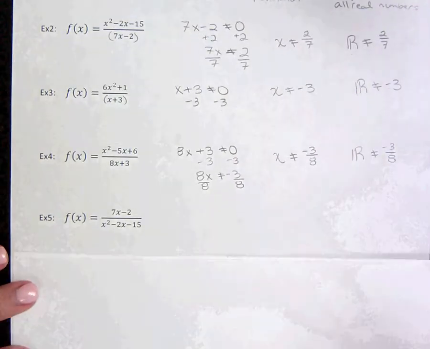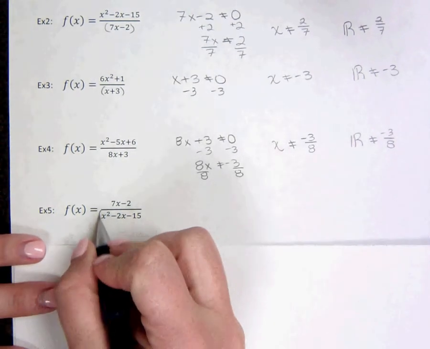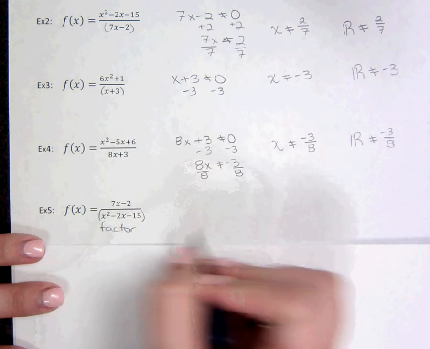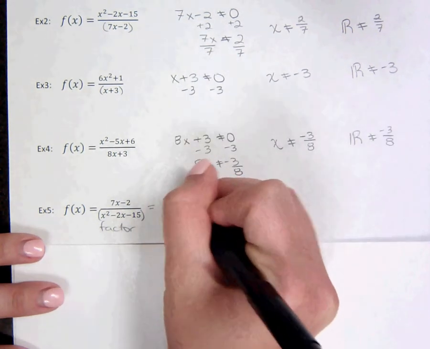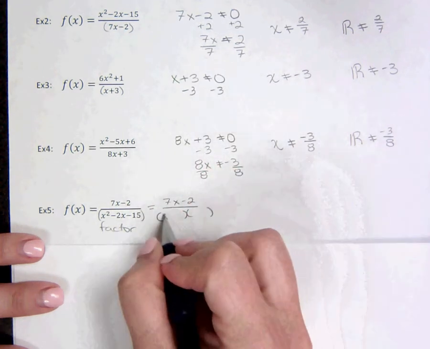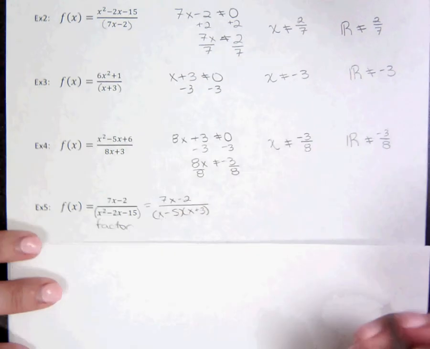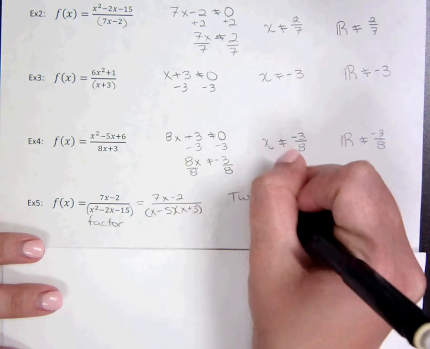Sometimes you have a trinomial on the denominator, or something that needs to be factored. So x squared minus 2x minus 15, we need to factor. So this is 7x minus 2, and then that factors, this one's a little easier to factor, into x minus 5 and x plus 3. So you actually have 2 restrictions.